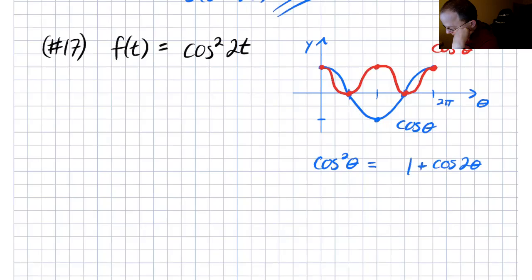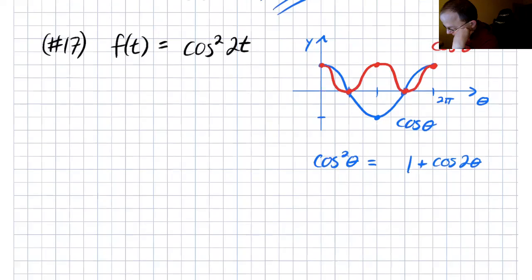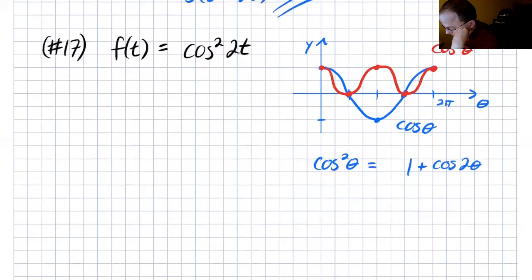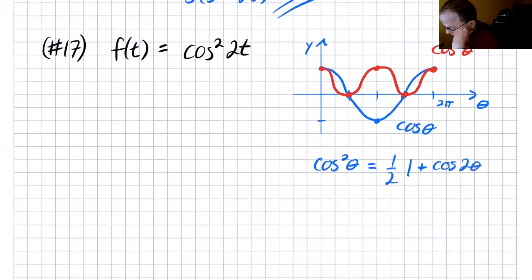So we have 1 plus, so that would double the frequency and then it would shift it up. But then the amplitude is divided by 2, so we get 1 over 2 times this. That's my guess, and I suppose I should look this up before I go any further. So I think this is like a double angle trig identity.